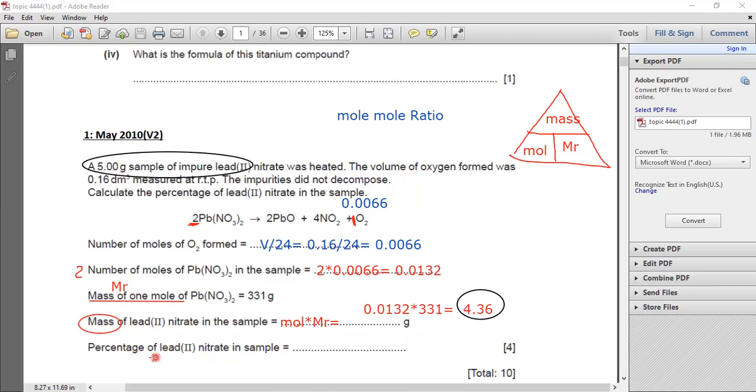If you need to find the percentage purity of lead nitrate, I will divide the pure mass, which is 4.36, by the total mass. What is the total mass? The mass of the sample, 5 grams. So divide them together, but this is a percentage, so don't forget to multiply the result by 100.